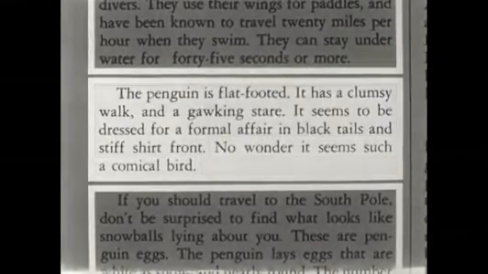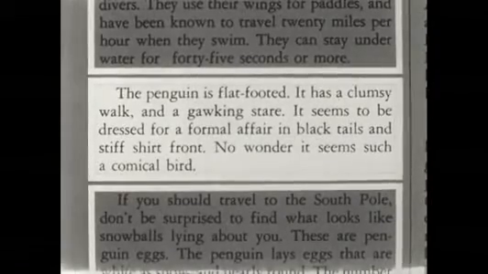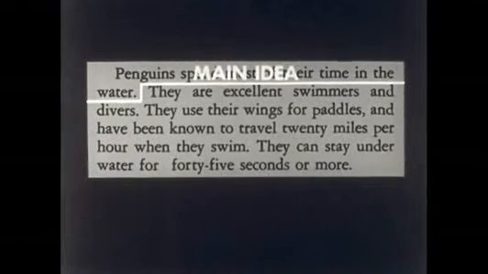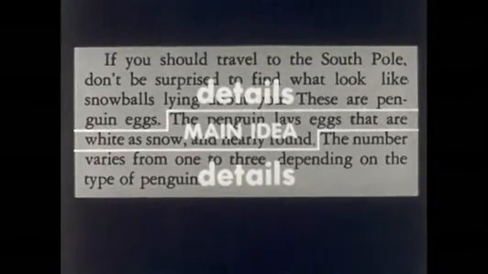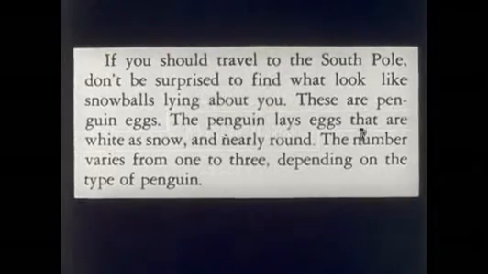So we've seen two common ways in which paragraphs are organized. The main idea can begin the paragraph, and details of the main idea follow. Or, the main idea can come at the end of the paragraph, following the details. Often, the main idea is somewhere between the beginning and end, as in this paragraph.